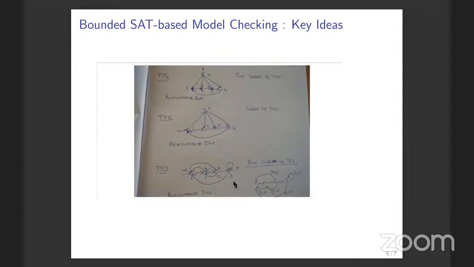So for example, if this is the transition system, you can find lots of different kinds of lassos here. Like I've shown here, a pure lasso is one like this.